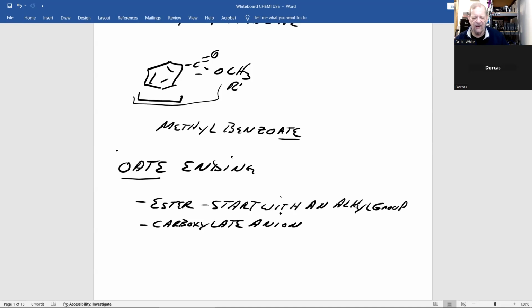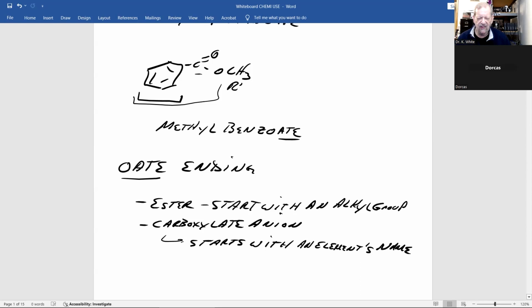A carboxylate anion starts with a metal or an element's name like sodium, lithium, or potassium. But let's continue.